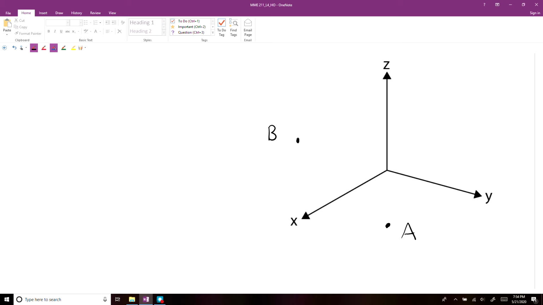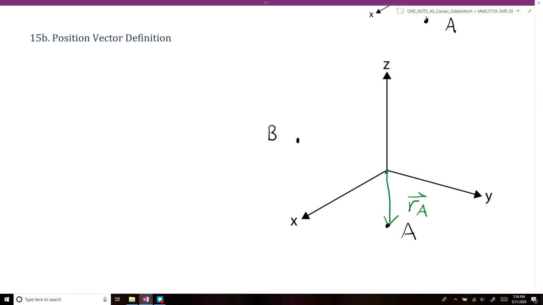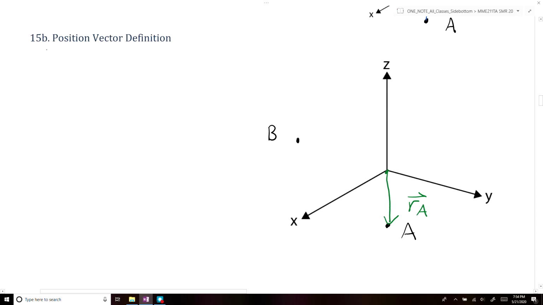We'll call those our position vectors for point A and point B. So for point A, we'll have a position vector R of A, and for point B, we'll have a position vector R of B. So what we're interested in is the vector that will connect point A to point B.